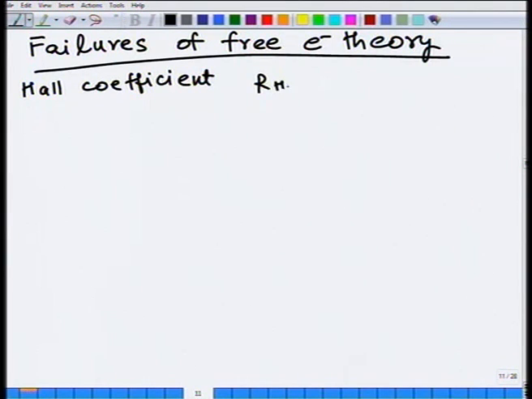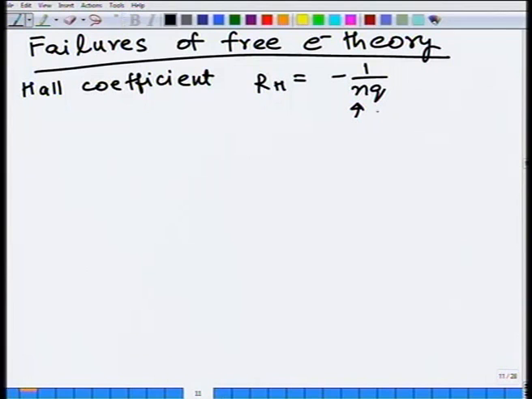Recall RH was equal to 1 by NQ. We found that Drude's theory does not work for metals such as aluminum. Now when you did free electron theory, what have we gained? Nothing. We cannot say anything about the Hall coefficient. There is no improvement, only N appearing here. That estimate hasn't changed.